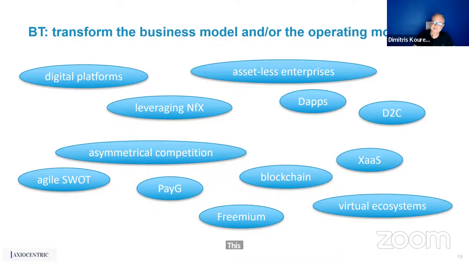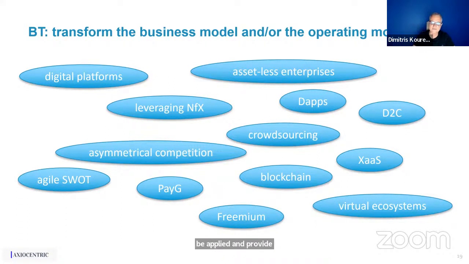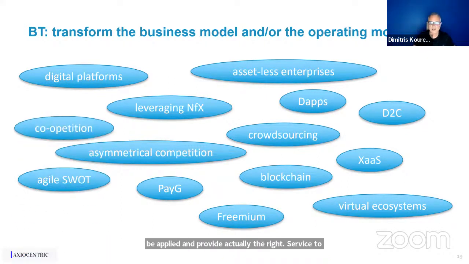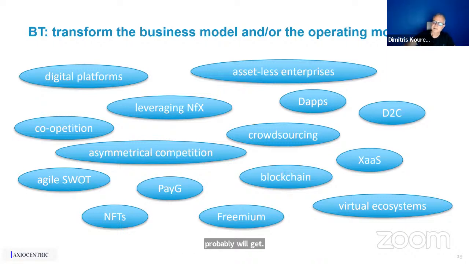Distributed applications that are triggered to be applied and provide actually the right service to you, cloud sourcing, competition, NFTs, the way that probably we will get paid in the future, and pay as well with NFTs, with tokens for the future.